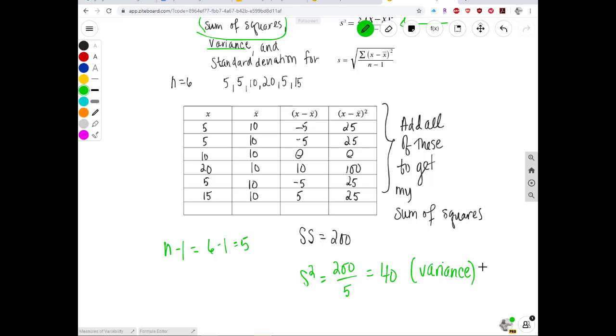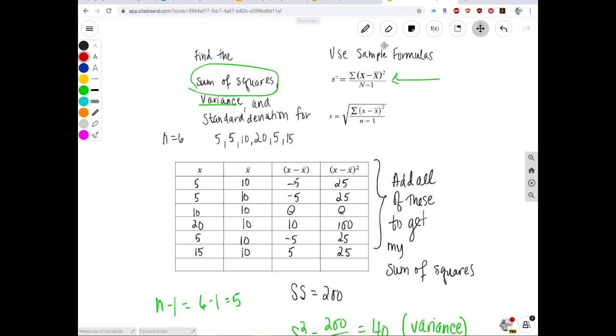The last thing I have to do, and I'm going to do that one in red. We'll just do Christmas colors today, I guess. Okay, so the last thing I need to do is find my standard deviation. If you compare these two formulas, you'll notice that the only difference is that the standard deviation takes the square root of the variance.